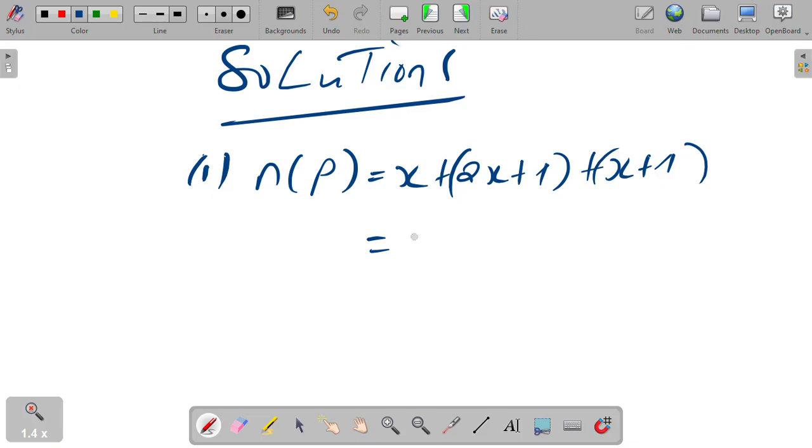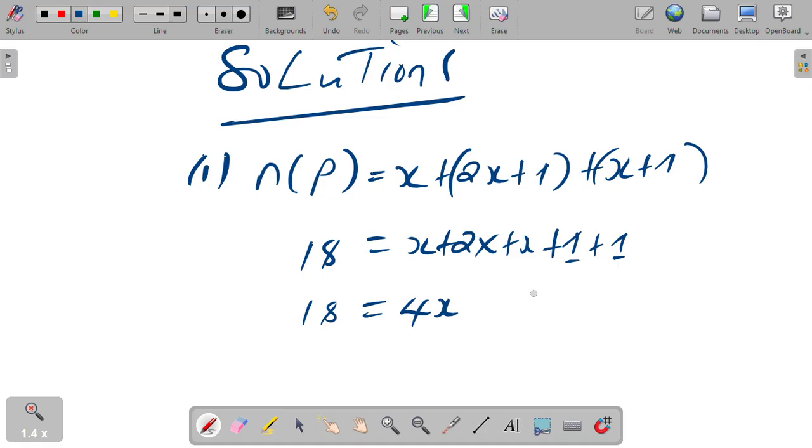Then we're going to have x plus 2x plus another x, plus 1 plus 1. We can write here 18. Again, 18 is equal to x plus 2x plus x, we have 4x, plus 1 plus 1, which is 2.